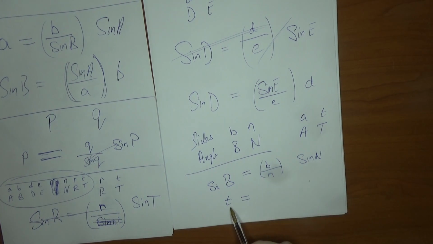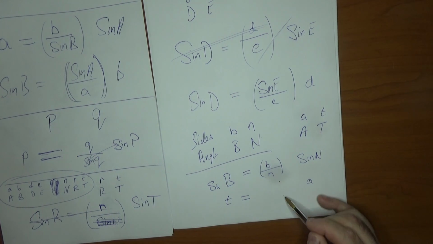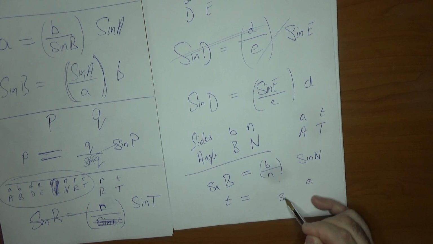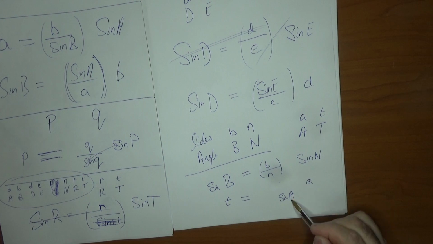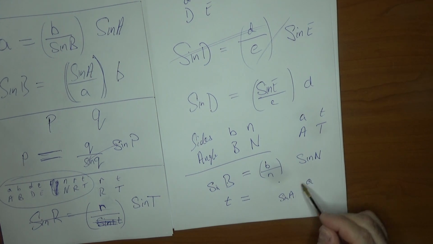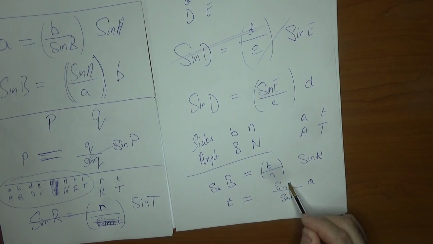Now you can do this in various ways, but you can say T has to be proportional to the other side A, or you can say T has got to be proportional to the sine of T. It doesn't really matter because they're both directly proportional. Actually, more about that in a second, and then we'll start talking further. So I've done that now, and now I need a sine over a sine. Well, down here will have to be the sine of A, so that the little a and the sine A are directly proportional to each other because of the fraction bar, and the T has to be directly proportional to the sine of T, so that goes like that.